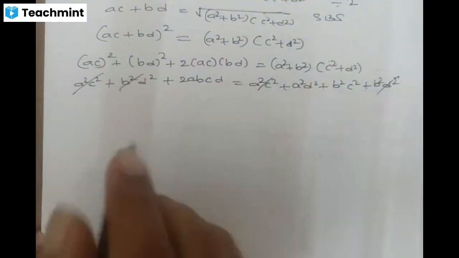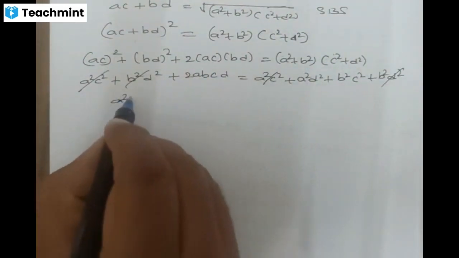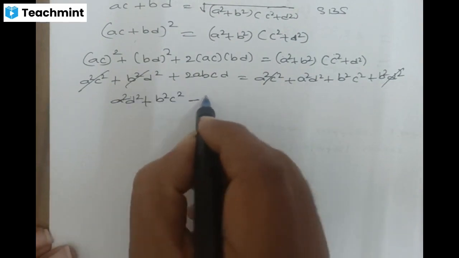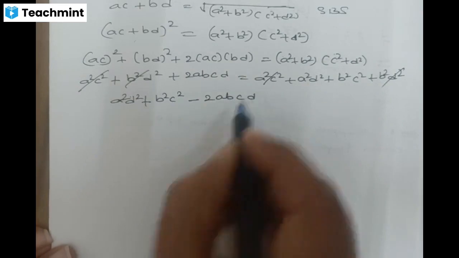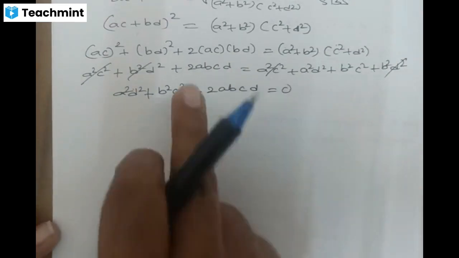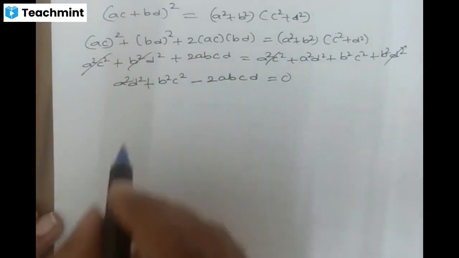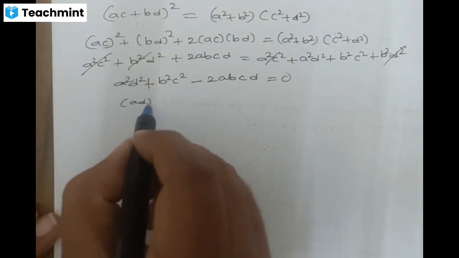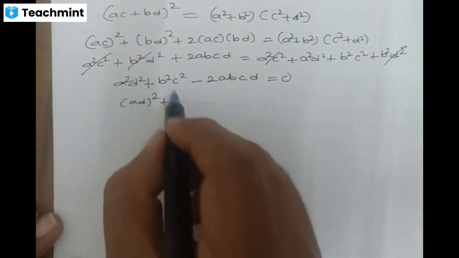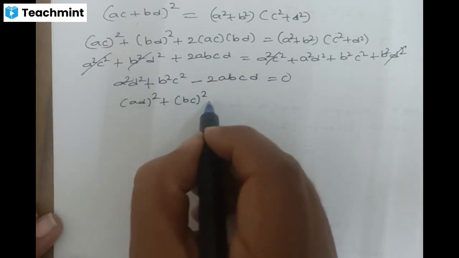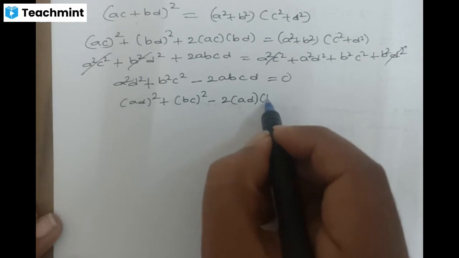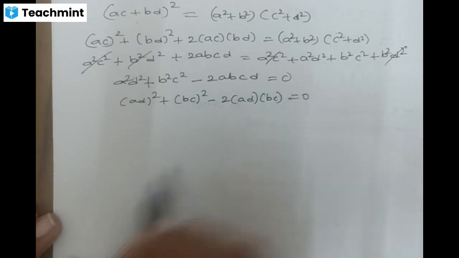I will take this to the right side. Then a square d square plus b square c square minus 2abcd equals 0. Now a square d square we can write as ad whole square, b square c square as bc whole square, minus 2 into ad into bc, ABCD I am writing.